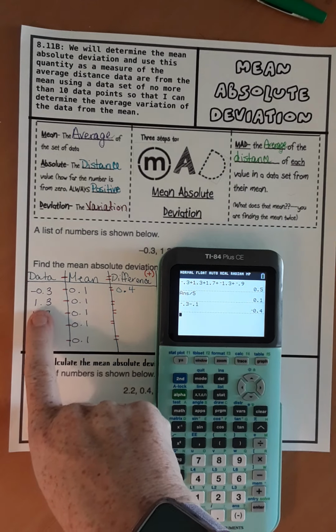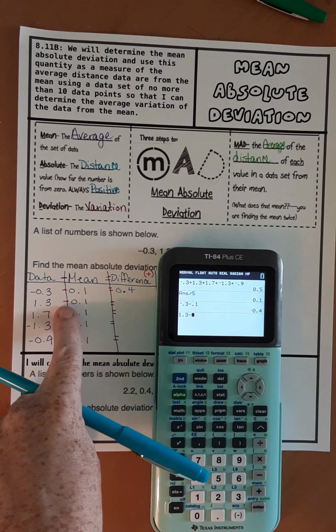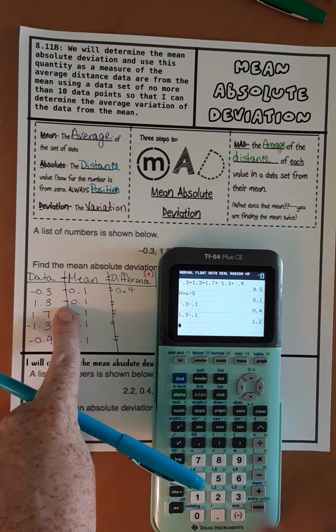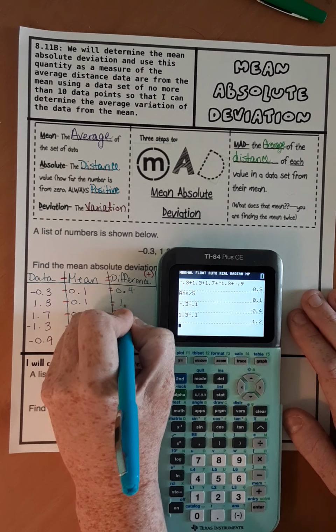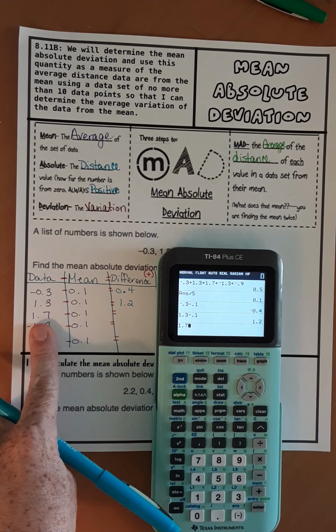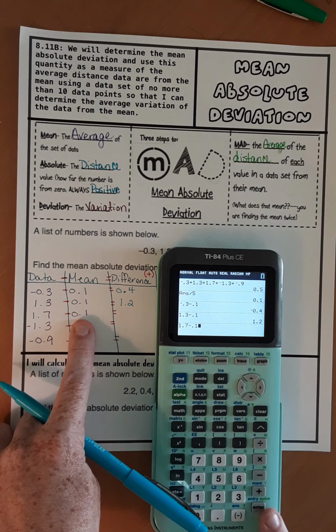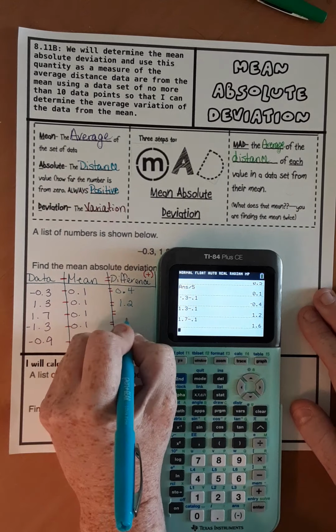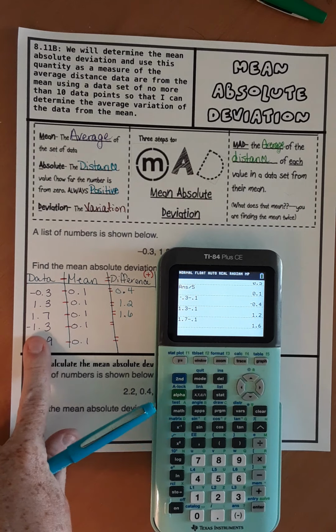We'll do the same thing here. 1.3 minus 0.1, and we get 1.2, so we'll record that. 1.7 minus 0.1 gives us 1.6.